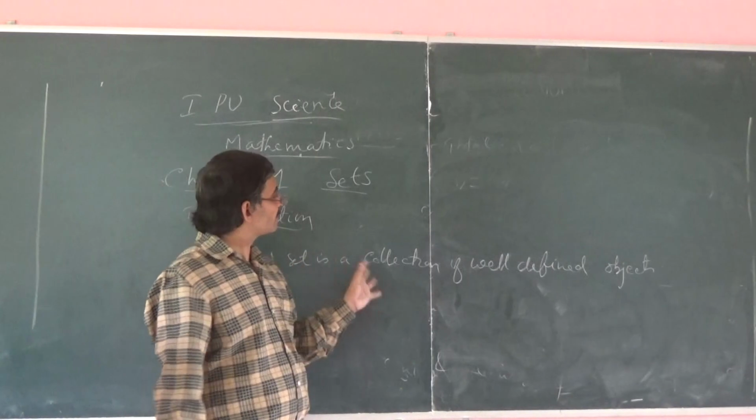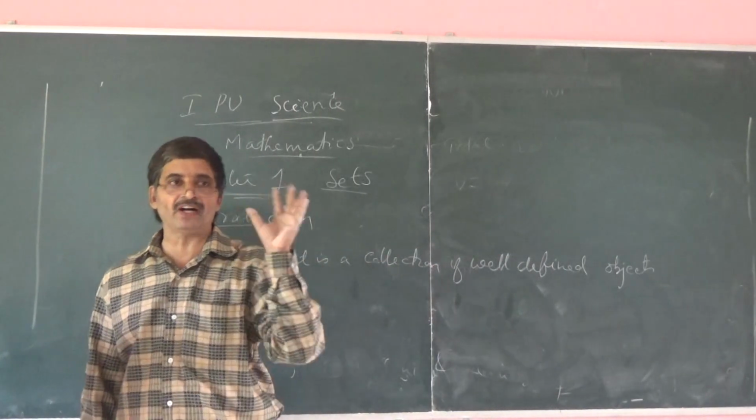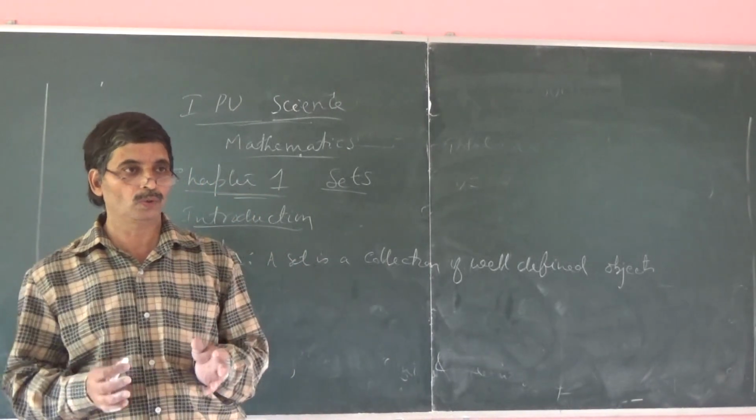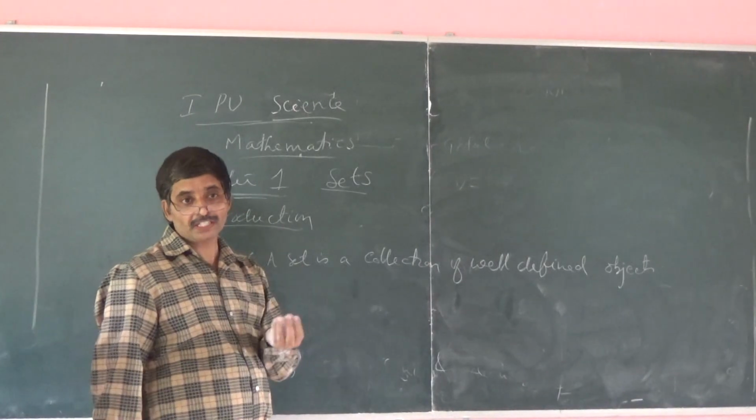So a set is a collection of well-defined objects. They should be properly defined. There should not be any ambiguity. No confusion should arise.